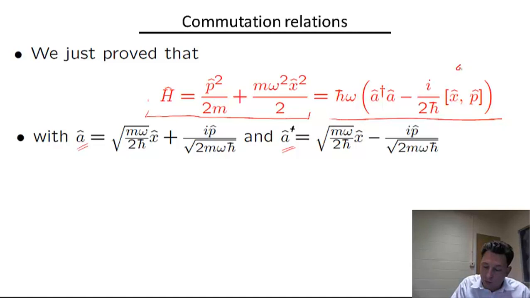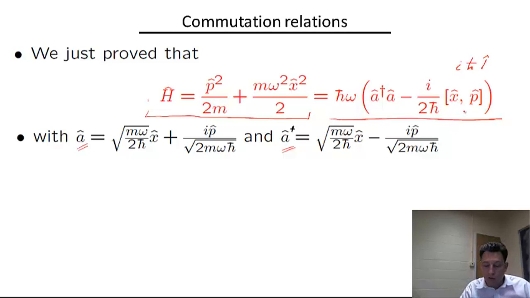This commutator is proportional just to a so-called C number, or in other words, to the identity operator. So this commutator of x and p is not an operator at all. It's actually just a constant.